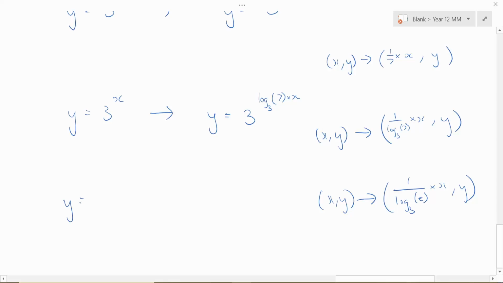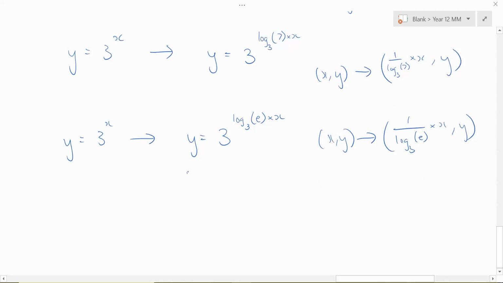This now will change y equals 3 to the x, becomes y equals 3 to the log 3 of e times x. Now if you simplify this equation, y equals 3 to the power of log 3 of e, to the x. Rule number 3, bring that up.